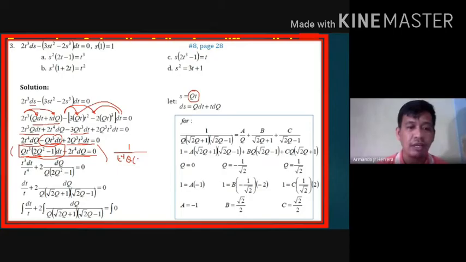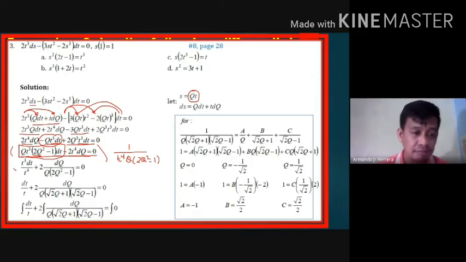You have here 2q squared minus 1. So, dividing all this resulting differential equation by t to the fourth q multiplied by the quantity 2q squared minus 1. So, again, q and 2q squared minus 1 cancels out with that. You have t cubed divided by t to the fourth.